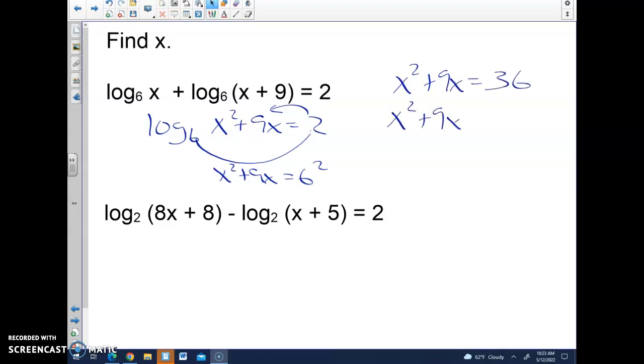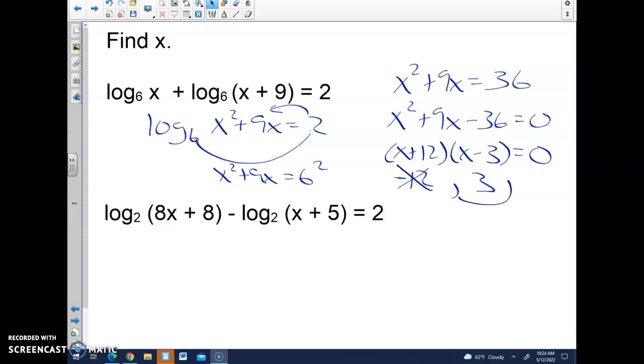We subtract 36 on both sides. And I'm going to get x plus 12 times x minus 3, and my answers are negative 12 and 3. Now, I can't have a negative. Negative 12 doesn't work here, and a negative 3 doesn't work here. So this answer is no good. That's my only answer. It's got to be the 3. Okay. We clear with that?